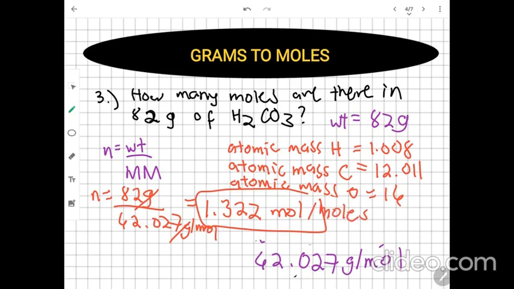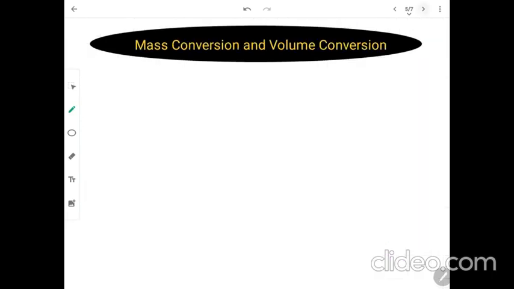Okay, they're the same. Next, let's consider the mass conversion and volume conversion. For our gas law lesson, we need to consider also the common mass conversion and volume conversion. So for the case of the mass, kailangan lang natin i-consider is yung kilograms. So 1 kilogram, take note, is equal to 1,000 grams, and your 1 milligram is equal to 0.001 gram.